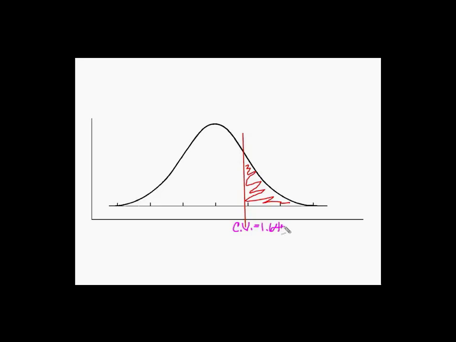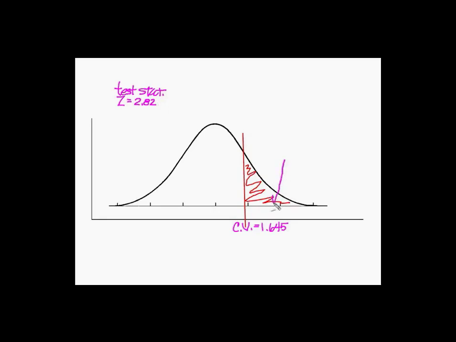And I know from Minitab that my z-score that was calculated from my data, which becomes, remember, my test statistic, right, was equal to 2.82.